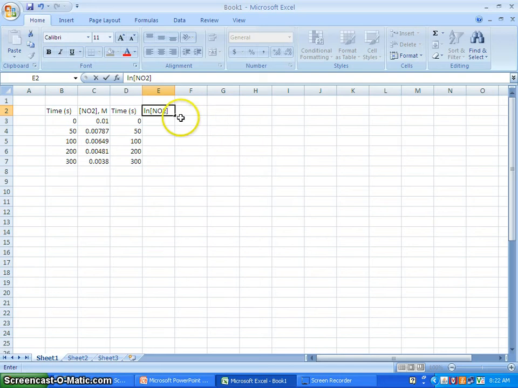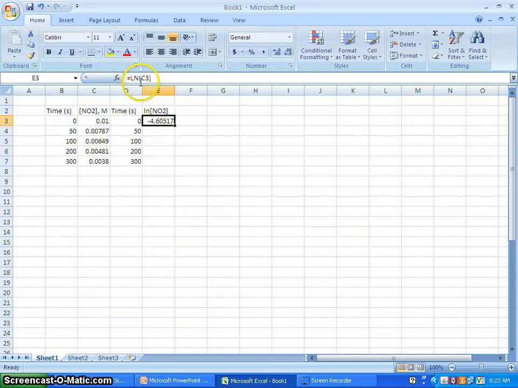Now the nice thing about Excel is many of these functions like natural log are already built into Excel, so all I have to do is highlight this box, go up to my function here, write equals natural log, parentheses. I can click this cell right here because I want to take the natural log of the concentration, close parentheses, and hit enter.